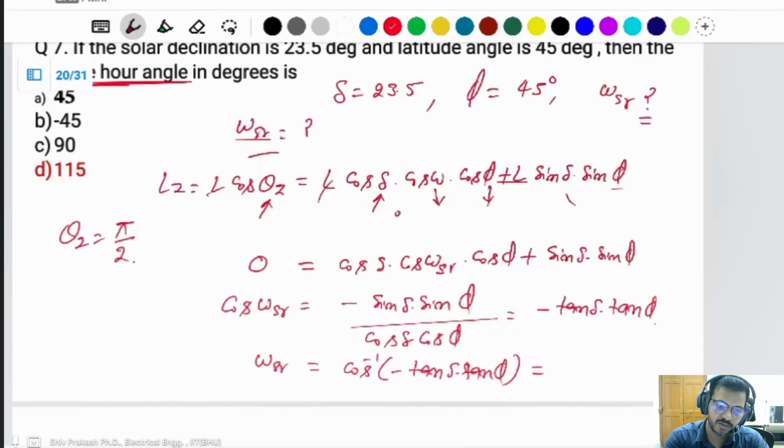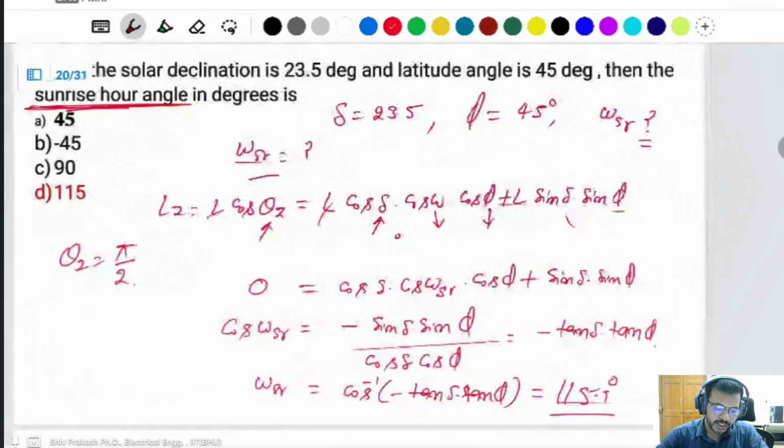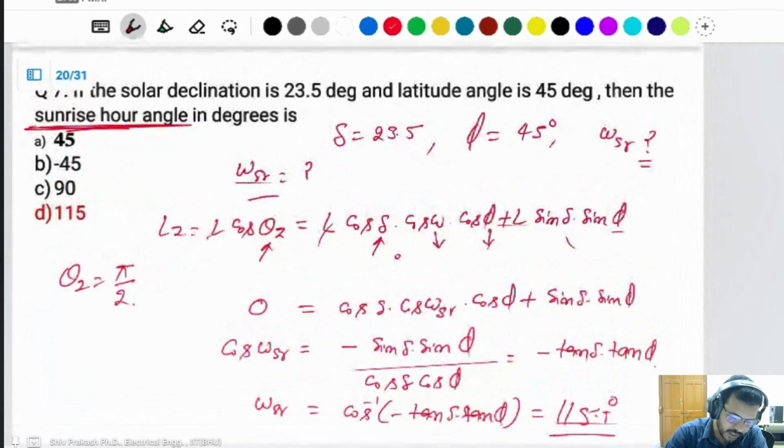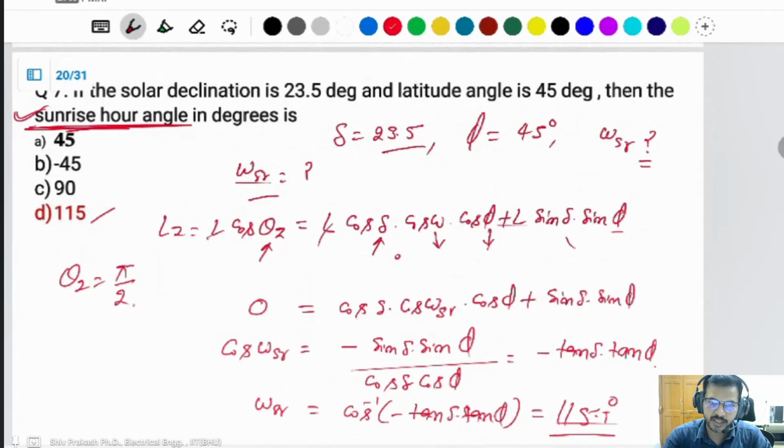Cos inverse of this will be 115 degrees. You can see here the sunrise angle will be 15 degrees at a 23.5 degree sun angle.